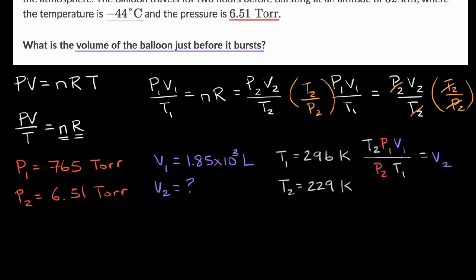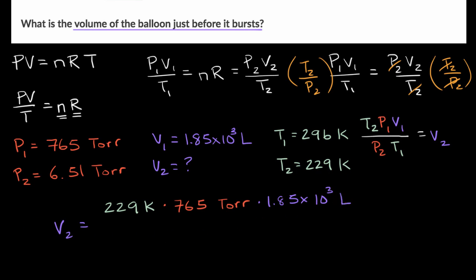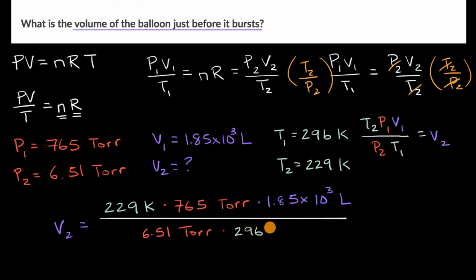Let me give myself a little bit more real estate with which to do it. And so we could write that V2 is equal to T2, which is 229 Kelvin, times P1, which is 765 torr, times V1, which is 1.85 times 10 to the third liters, all of that over P2, which is 6.51 torr, times T1, which is 296 Kelvin.